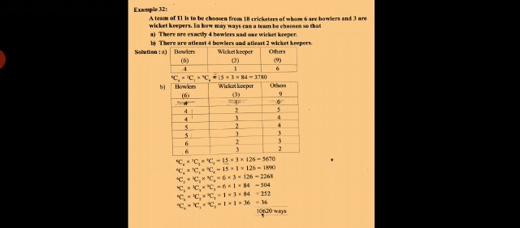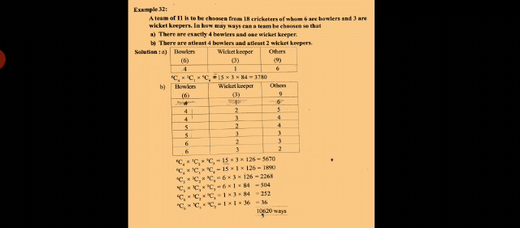At least 4 bowlers means it may be 4, 5, 6. How many bowlers are there? 6 are there. So 4, 5, 6, 3 possibilities are there in bowlers. Similarly in wicket keepers, they have asked at least 2, which means we can take 3 also. At least means more also we can choose.